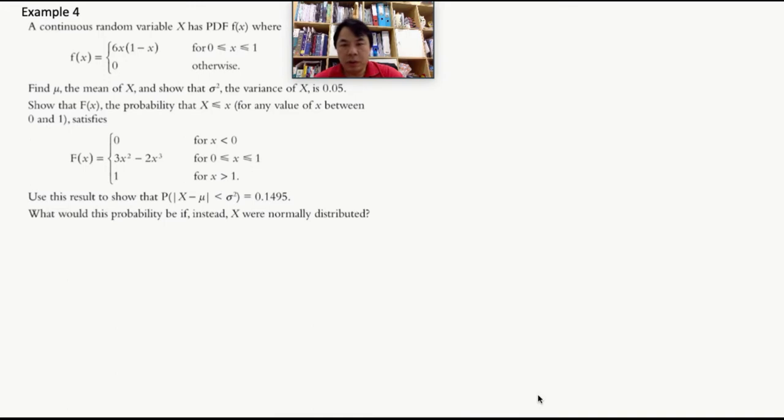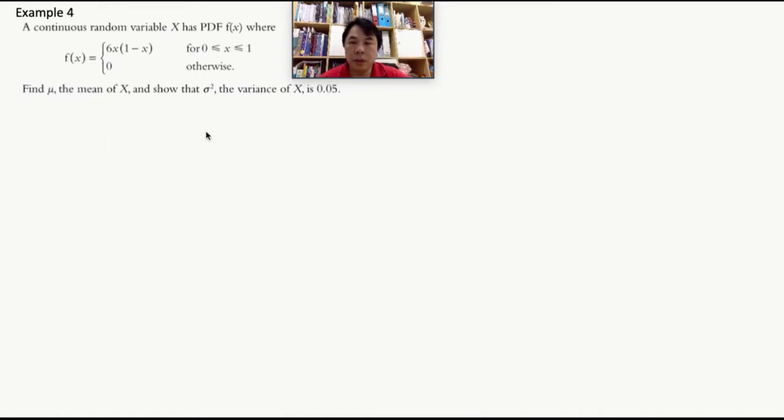Okay. Before we read on to the next part, let's try to work out the first part before we move on to the second part of this problem here. We need to find the mean and the variance, using this probability density function. Now the mean mu is given as the expectation, and it's given by this definition, the integral of x f(x), we're going to integrate that from negative infinity to infinity.